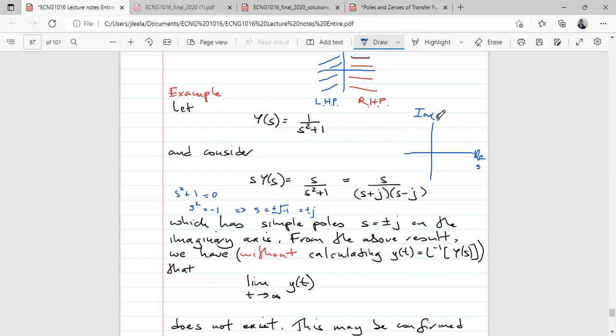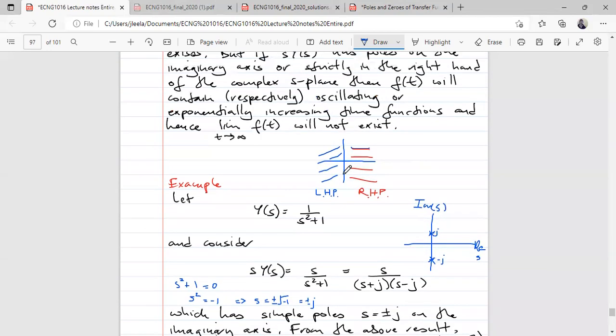This will be j here, and minus j below. Normally we draw a pole as a little X, so one pole is here and one pole is here.